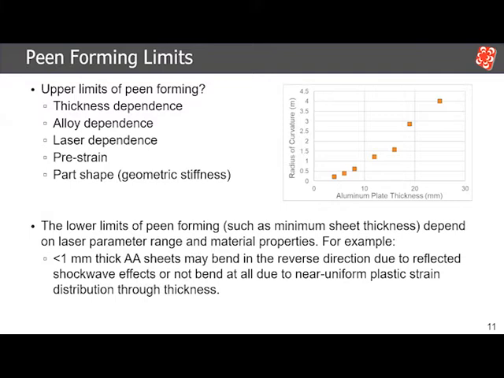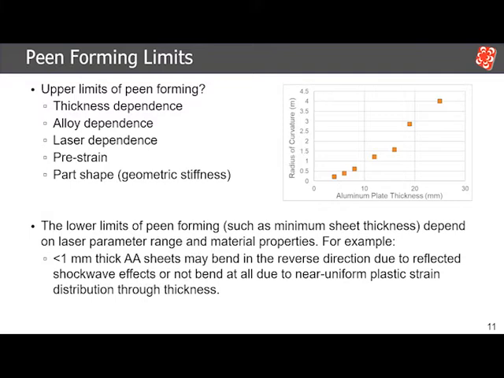So we have the thickness of the material we're working with, the alloy type, as well as its actual strength values associated with it. Different lasers are going to be able to peen form to different magnitudes, and then whether we use pre-strain. Then the other thing to be cognizant of is just the part shape that we're working with.